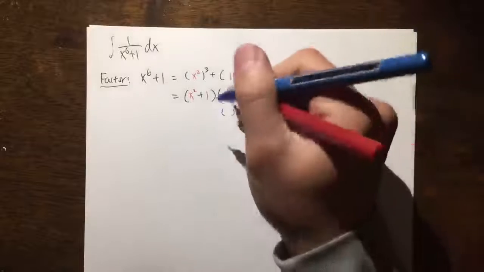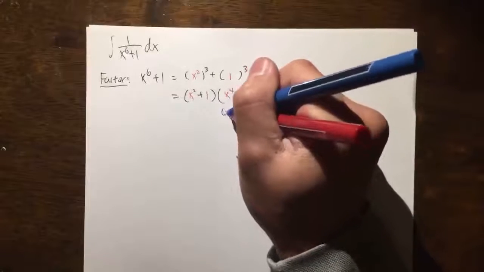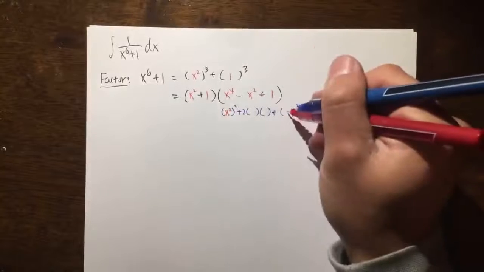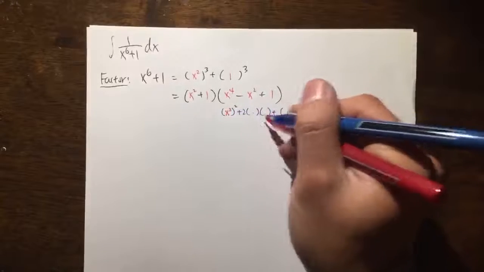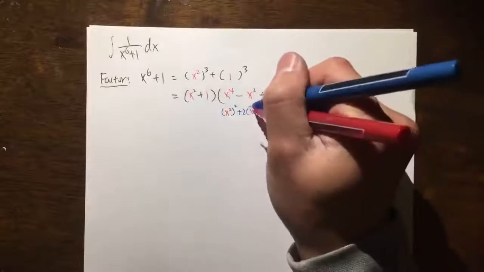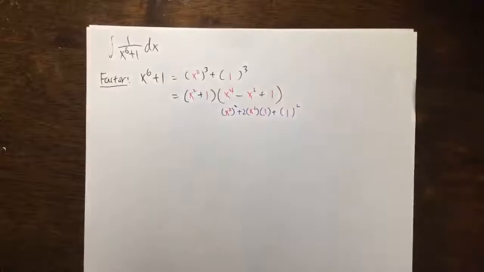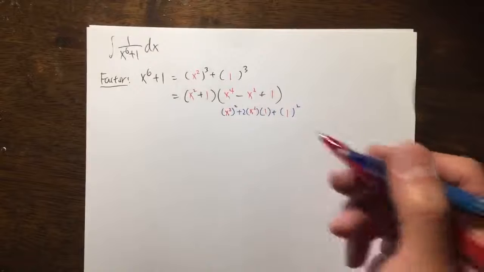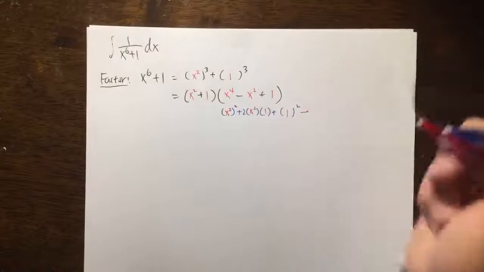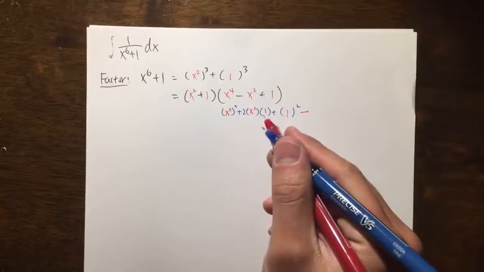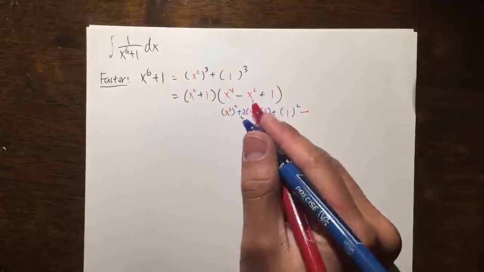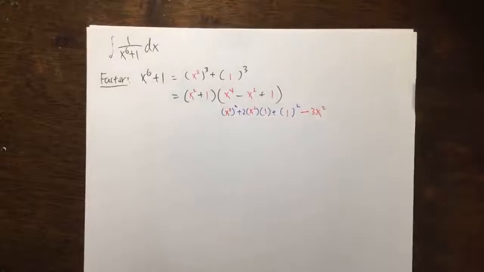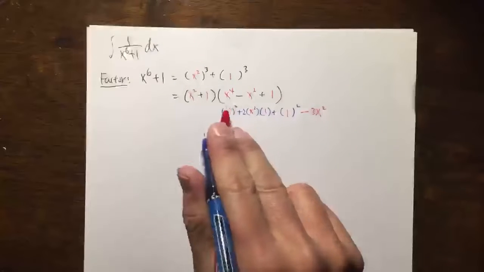The x to the fourth power, I'll write as x squared squared, right? And then this is the 1, so I'll write it as 1 squared. And then I'll fill in these parentheses, and this right here is x squared, and this right here is 1. This is different than the original, but it's okay because I can just subtract. This is 2x squared. I need to get to negative x squared, so I will have to subtract 3x squared. So now this is the same as that, right?